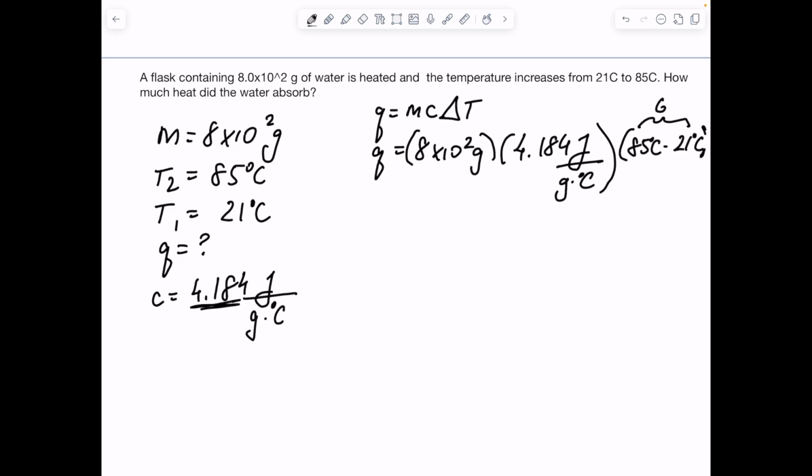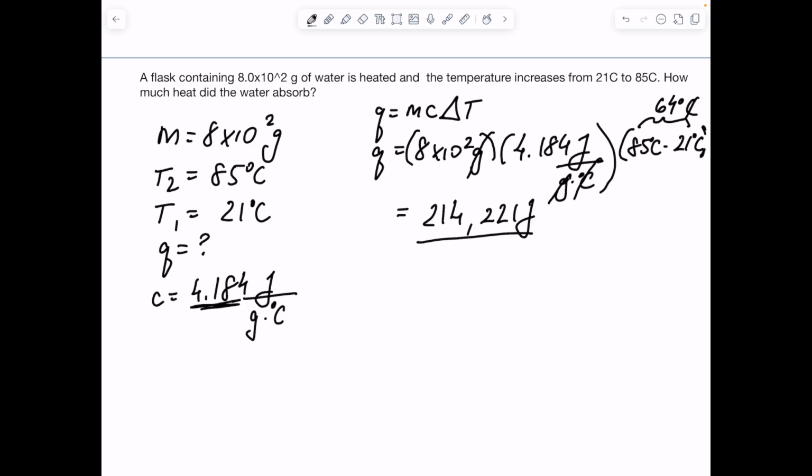And this is 64 degrees. Now, if we plug all of this into our calculator, obviously we also want to make sure that our units cross out. The final answer here should be about 214,221 joules.